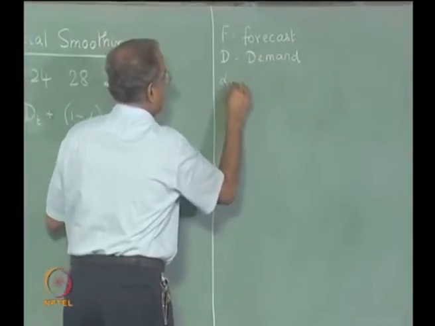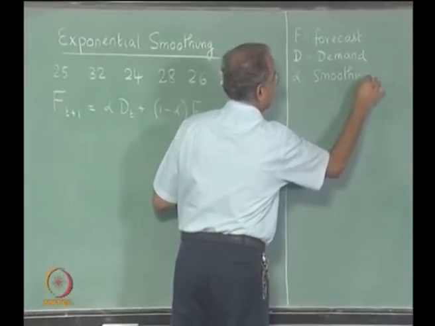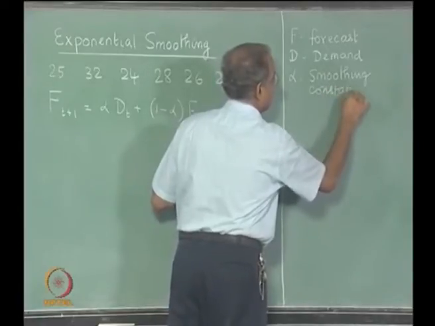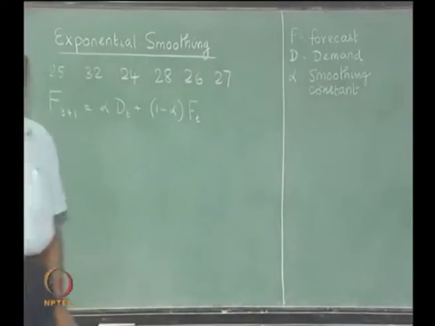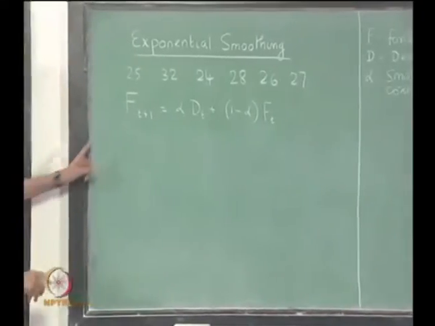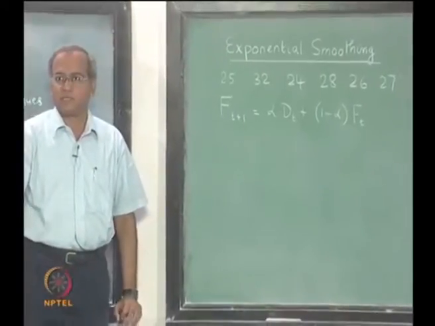Alpha is called a smoothing constant. Now F t plus 1 is the forecast for period t plus 1.